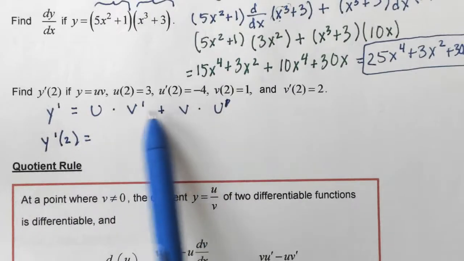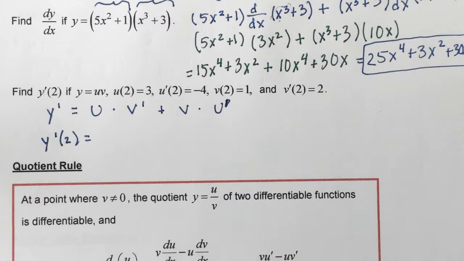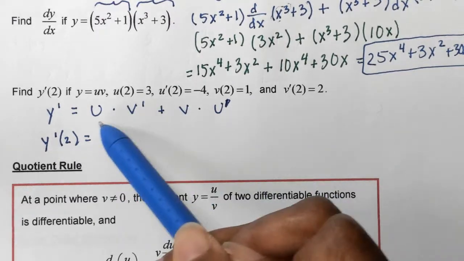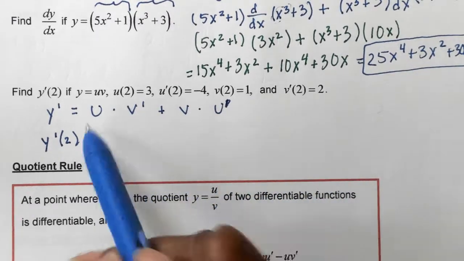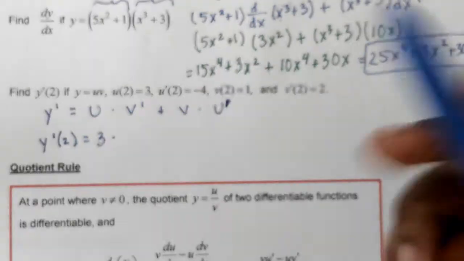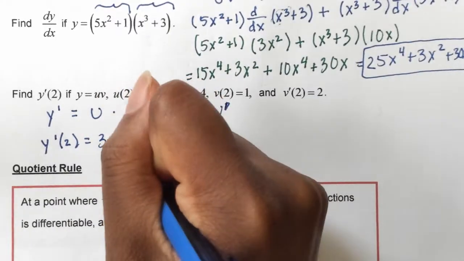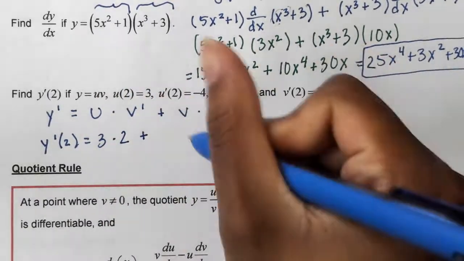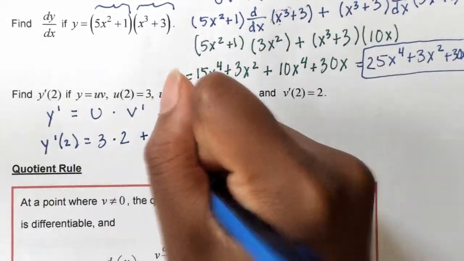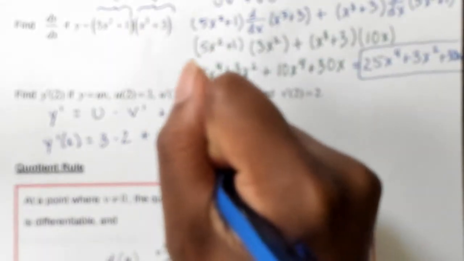We have all of this information about u and v and u prime and v prime at the value of x equals 2, so we're going to use that to fill in these spaces. So u of 2 is 3 times v prime of 2 is 2 plus v of 2, which is 1, times u prime of 2, which is negative 4.